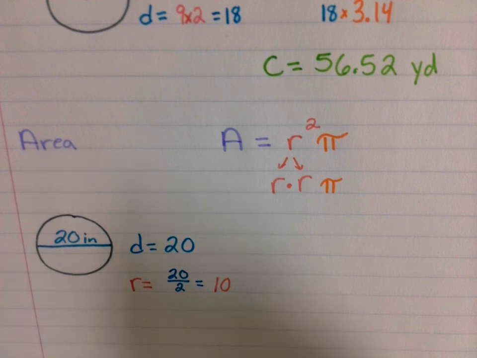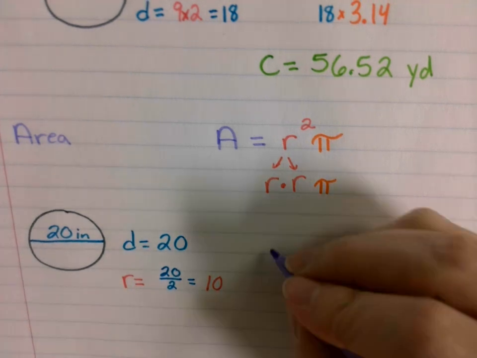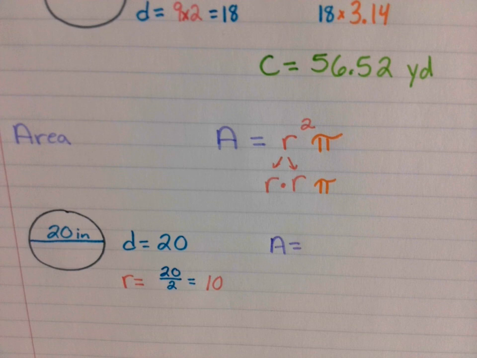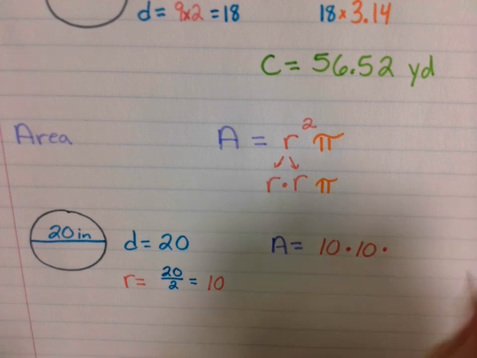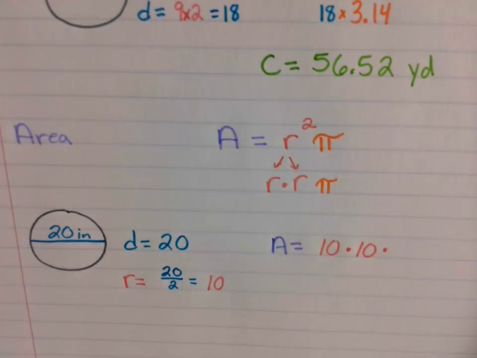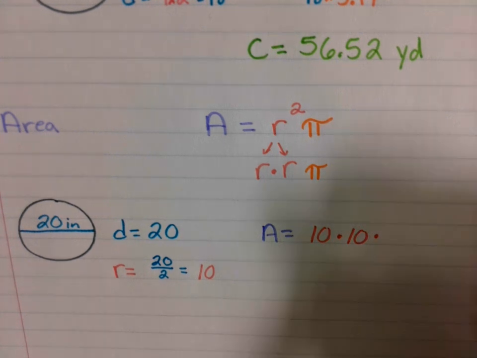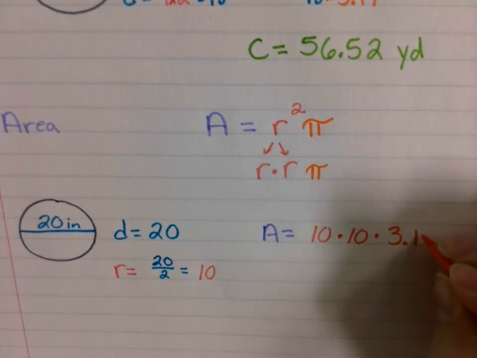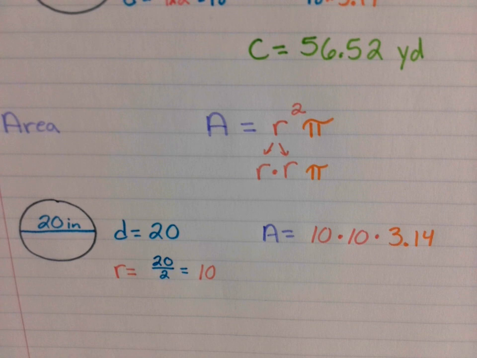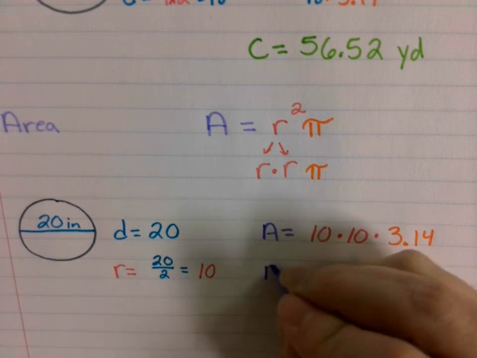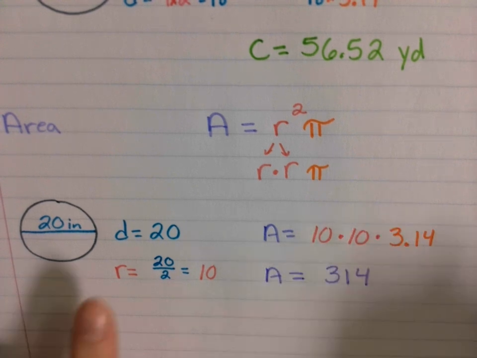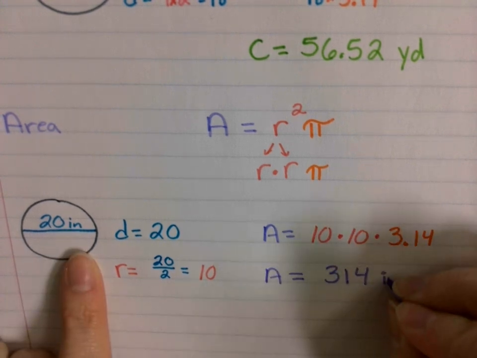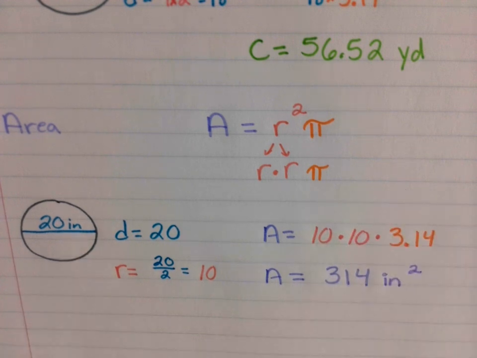For the area, we're going to do the radius, which is 10, times the radius, so times 10 again, times pi. What's pi again, guys? 3.14. So we're going to do 10 times 10 times 3.14, and that'll give us the area. Area is going to be 314, but this is area. Area is written in inches squared.